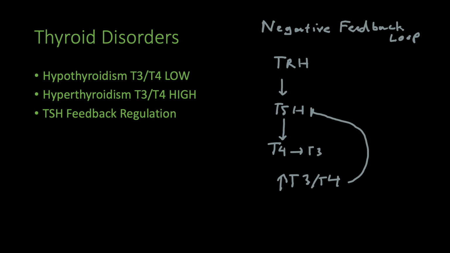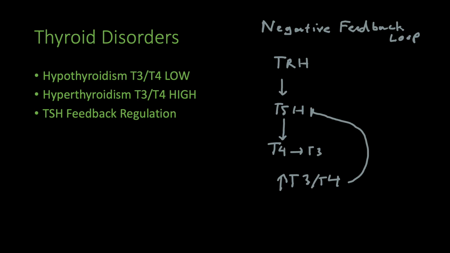So you can see here, thyroid disorders play mainly a role with the T3 and T4 hormones. When you have very high T3 and T4, you're going to have hyperthyroidism. That's where the thyroid levels are very high. And when T3 and T4 are high, your TSH levels are low. So know that TSH is low and T3, T4 is high.